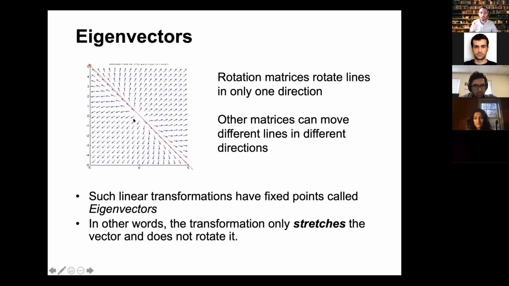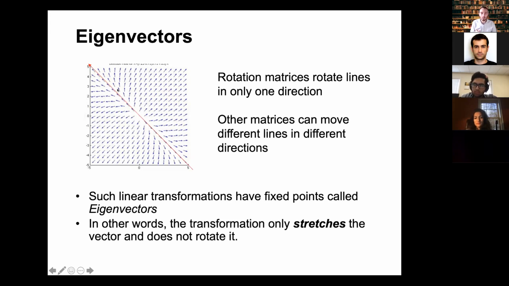There is a property of a transformation matrix that there are some vectors that when you apply the transformation to them, their directionality does not change, only the distance. They only get scaled linearly. Their distance from the origin changes.